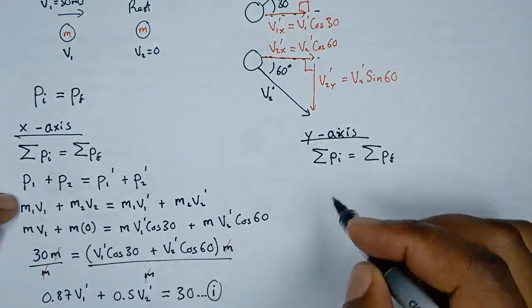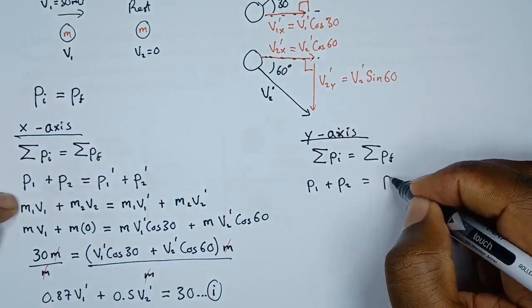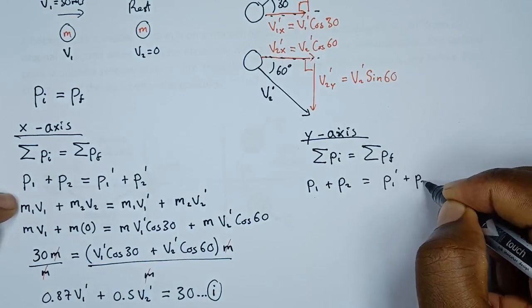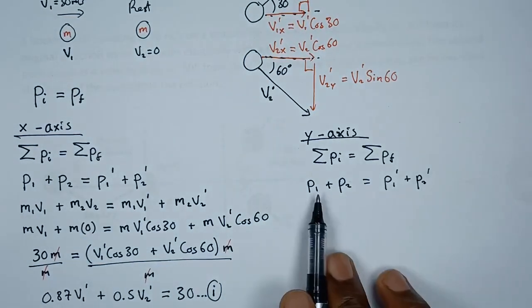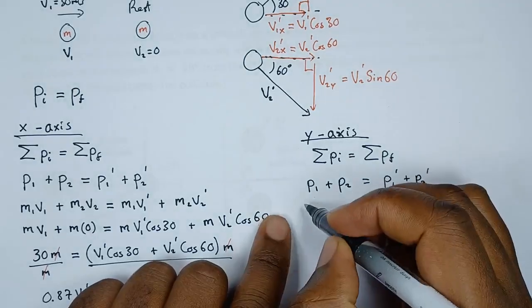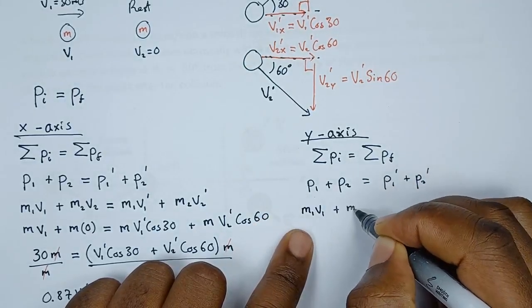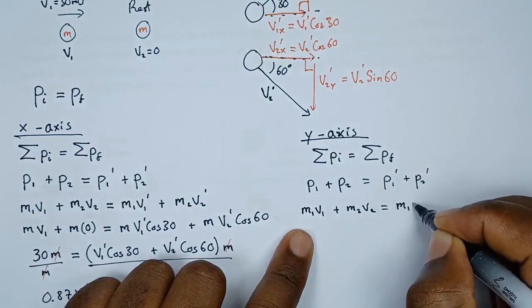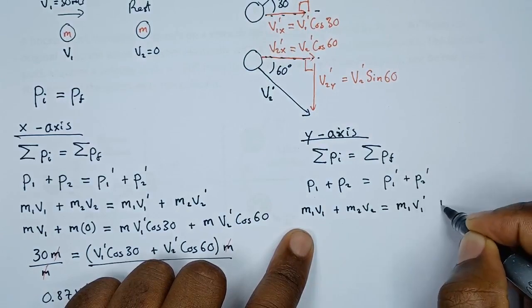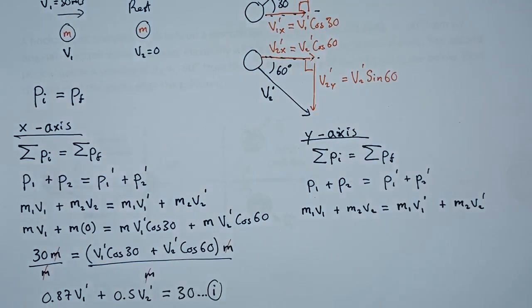So same procedure, we say P1 plus P2 is equal to P1 prime plus P2 prime. Remember, P is just a symbol used for momentum. So for object 1, it will have the momentum mass times velocity plus mass 2 velocity 2 is equal to mass 1 v1 prime plus mass 2 v2 prime, like that.